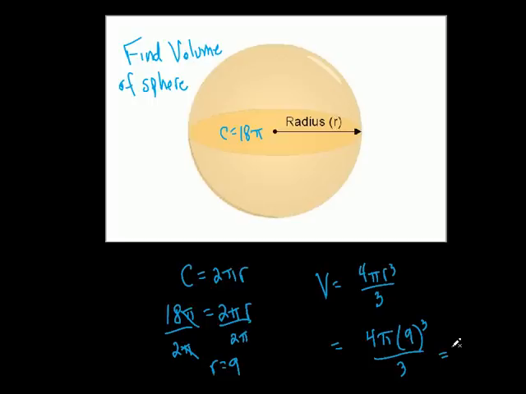And then you divide it by 3, and that's 3053.6. Now this is volume, and if this is in centimeters, what will the units be? If it's volume, it's cubed, because radius cubed would be centimeters times centimeters times centimeters, which is centimeters cubed. And that's all there is to it.